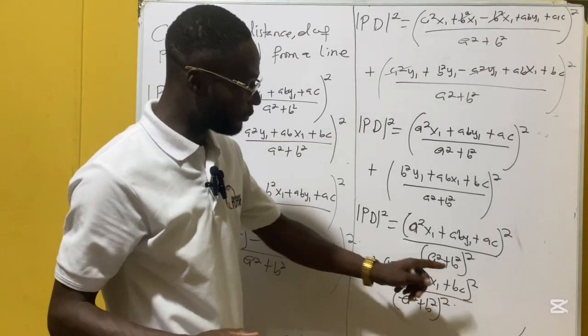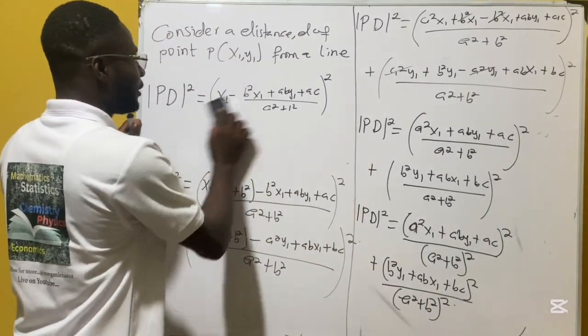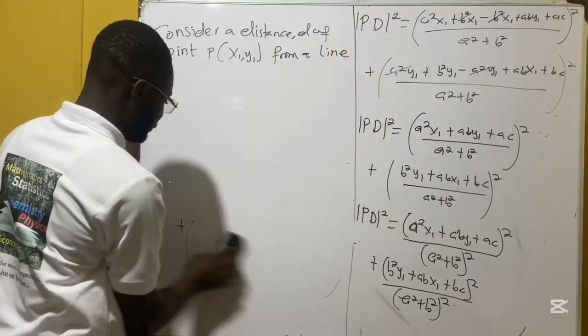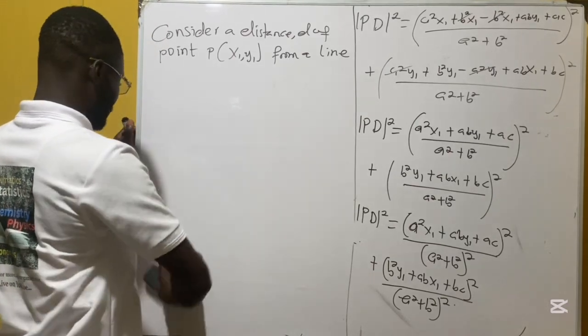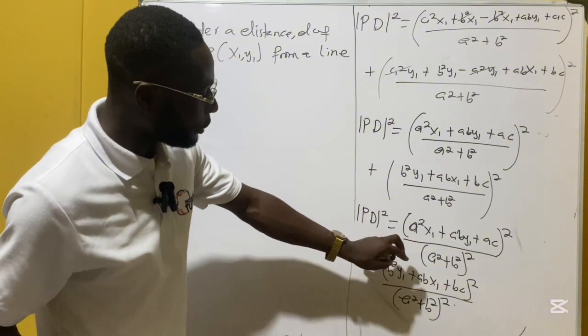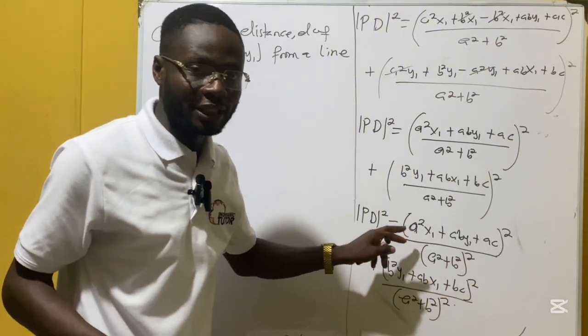So from this information, we can see that A is common to all these items, right?